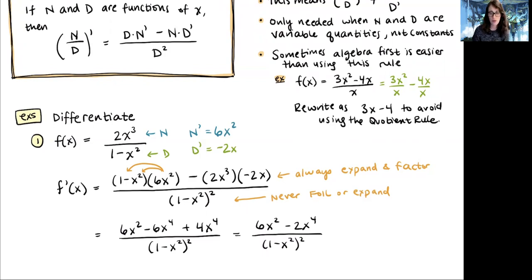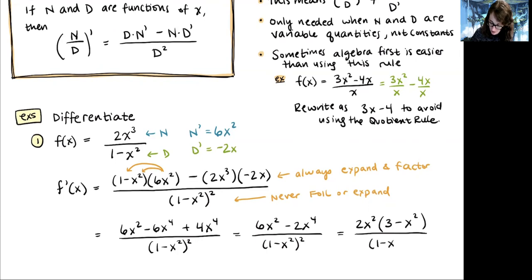And so this is usually a good place to stop unless you can further factor the numerator. I think in the numerator we have a GCF, or greatest common factor, of a 2x squared that we could pull out. When we do that, we'll have a 3 left with the 6x squared. And when we factor out a 2x squared from the 2x to the 4th, we will have a 1x squared left.